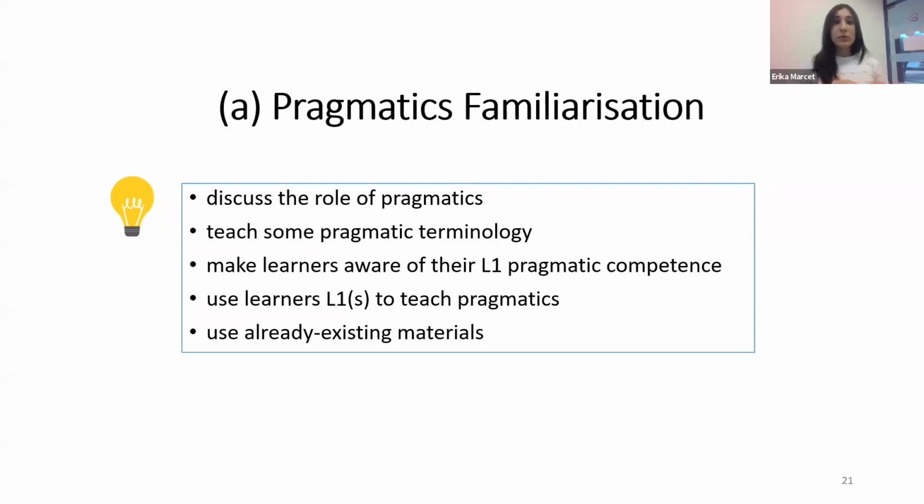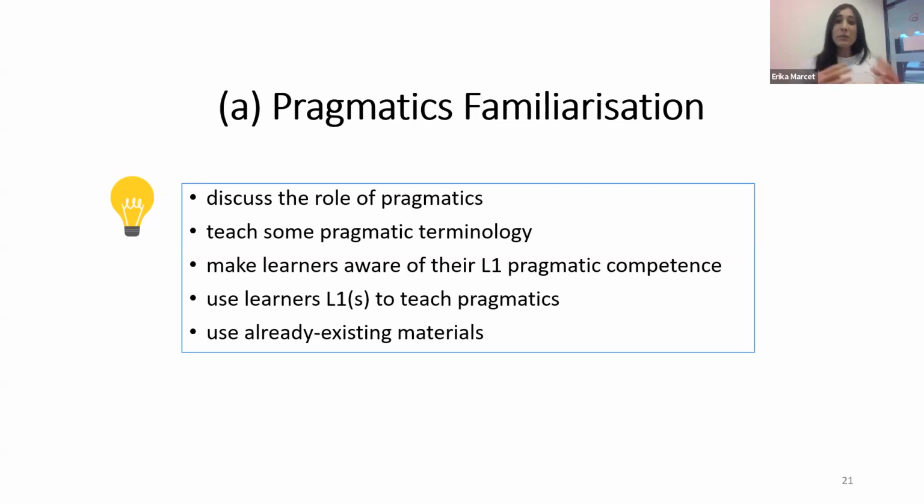So here I would explain these key notions in their L1, and I would prompt learners to think about these concepts and how we apply them in their L2.